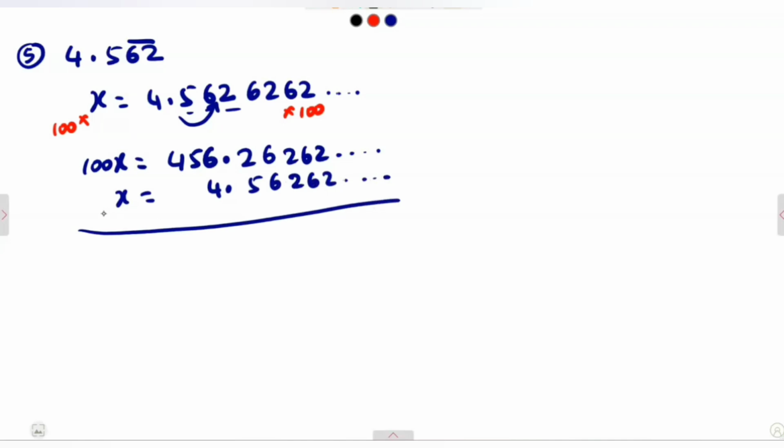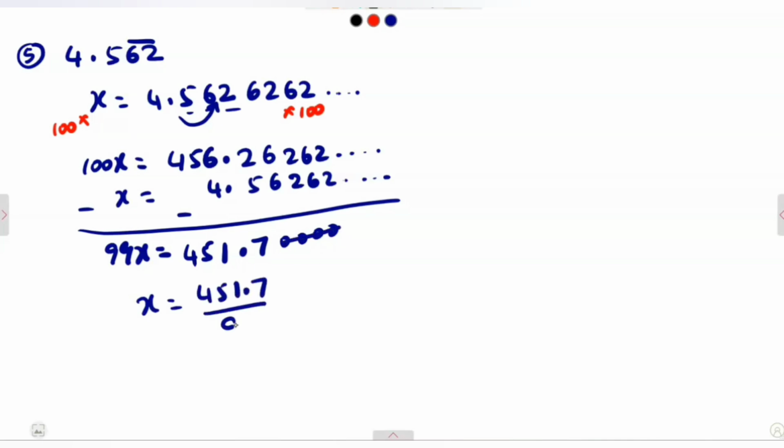Subtract. We get 100x minus x, 99x, which is equal to, on this side, where you have the same digits you can put zeros. 12 minus 5 is 7. Point, this 6 becomes 5, 5 minus 4 is 1, and this 5 is as it is, 5, 4. So x is equal to 451.7 by 99.